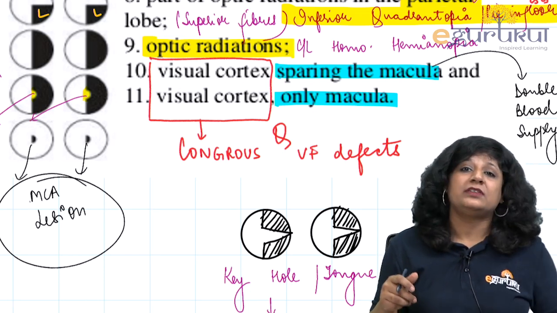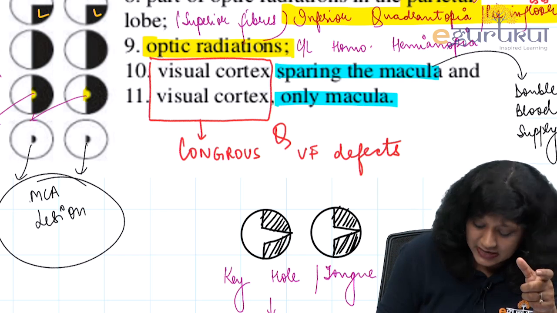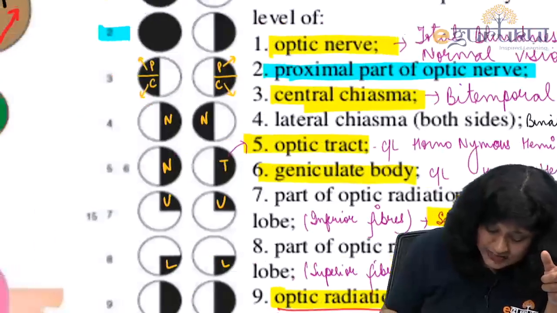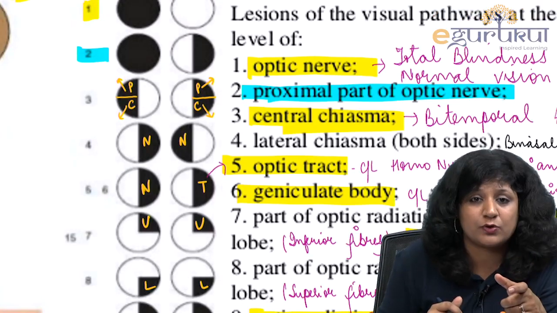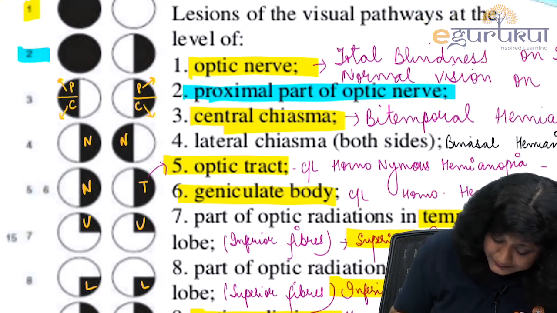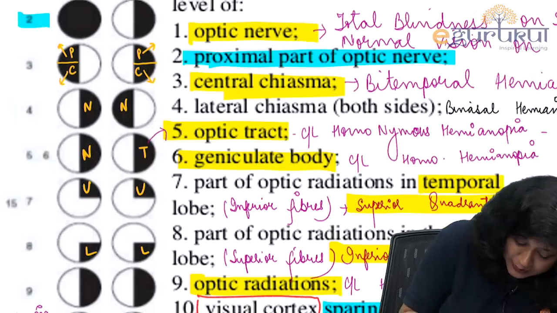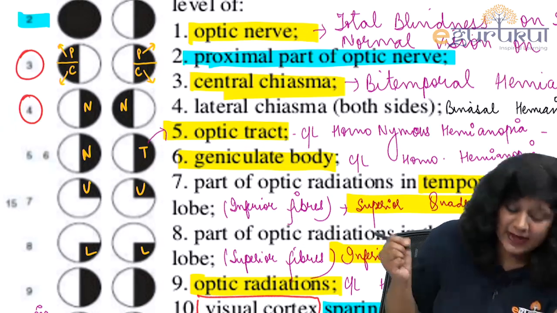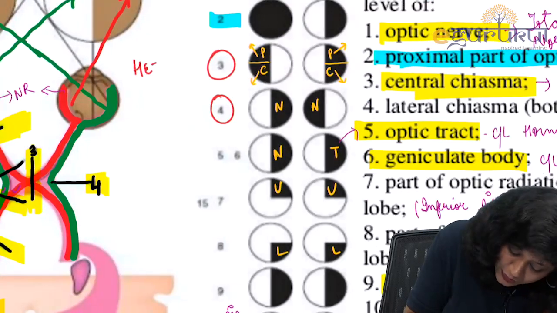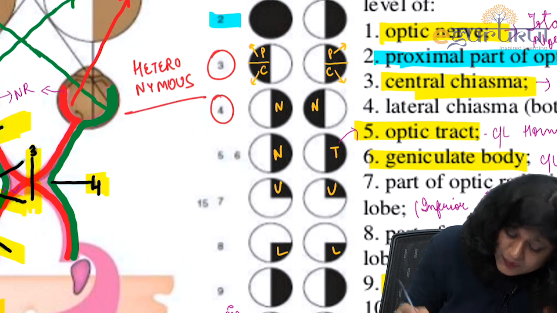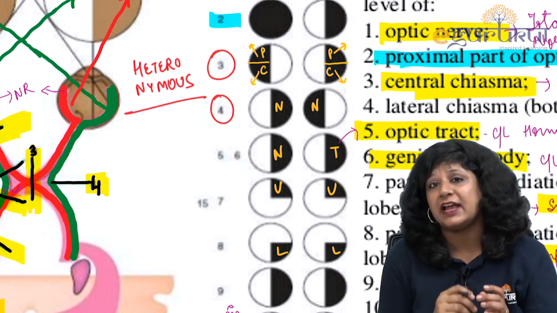Another important thing is what is heteronymous and what is homonymous. In cases of the bitemporal hemianopia or the binasal hemianopia, these were the heteronymous hemianopias, because the opposite sides of both the eyes are affected.